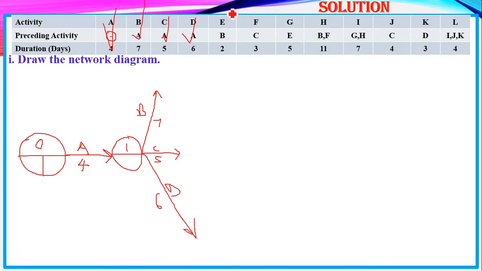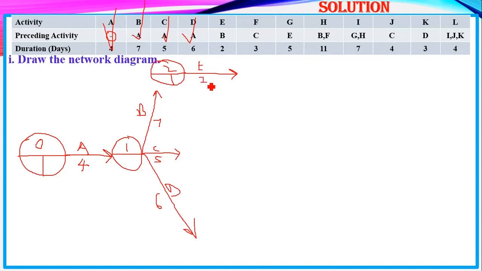Then we proceed. We are saying B precedes E. So from B we are moving to activity E. That means we have to draw a node there. So this one now will be node 2. Then this is taking us to activity E, and activity E is taking how many days?